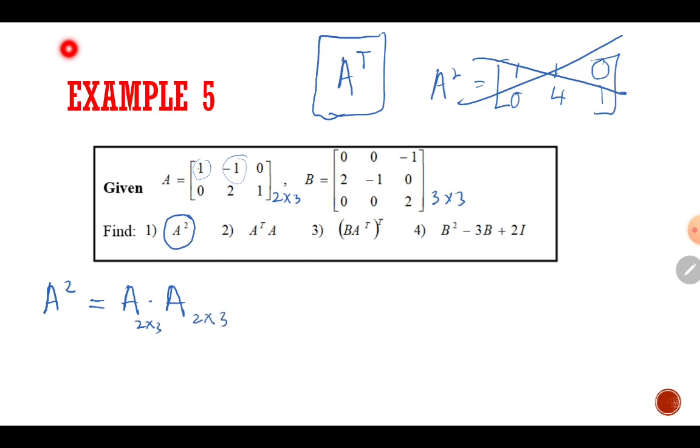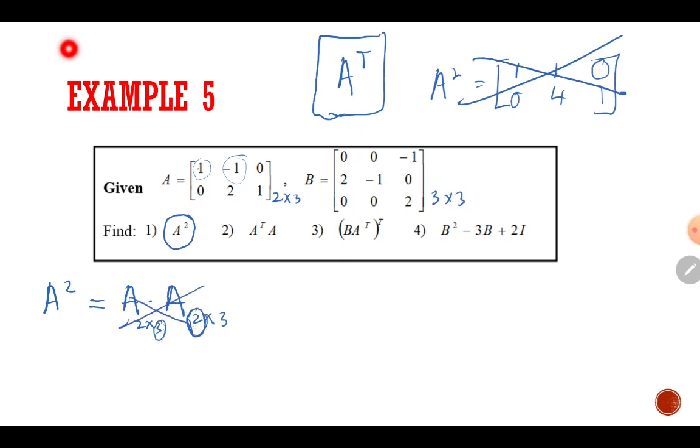Is A square actually possible? If you look, the number of columns of the first matrix is not the same as the number of rows in the second matrix. If we want to multiply, we multiply column with row, but here as you can see the size is not the same, so it contradicts.